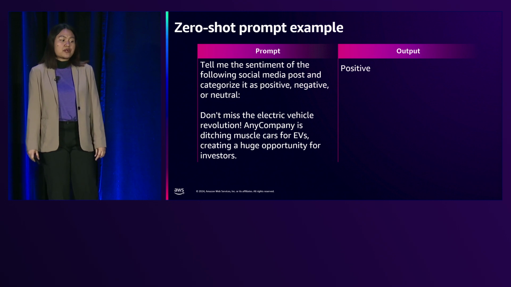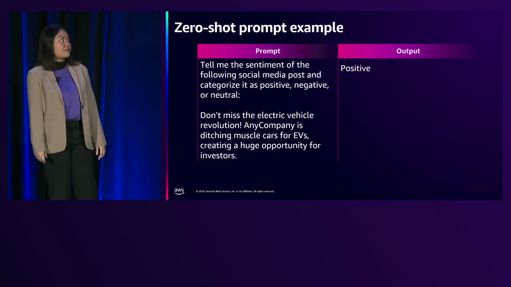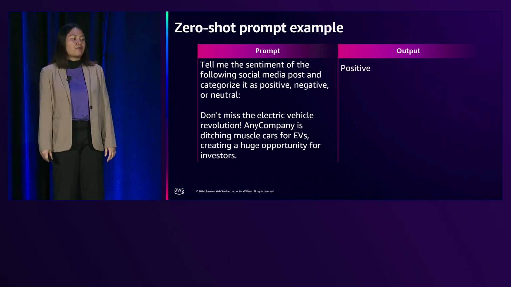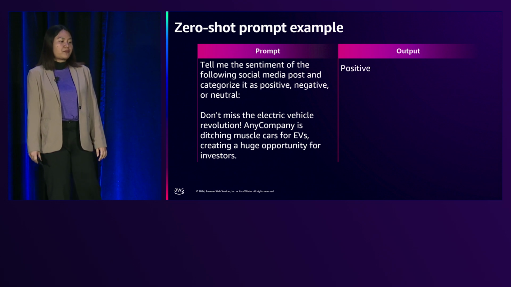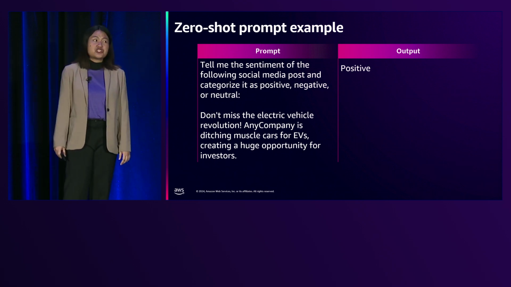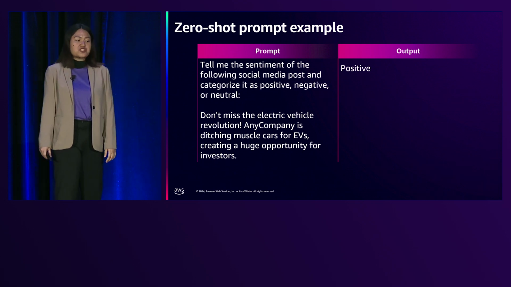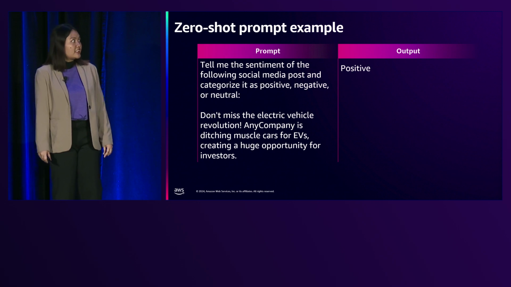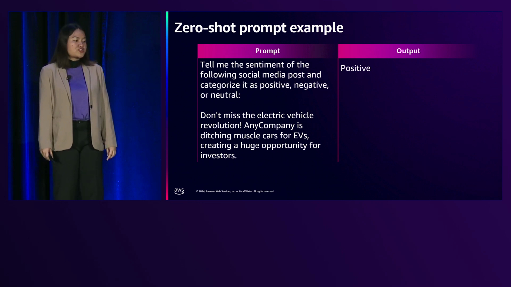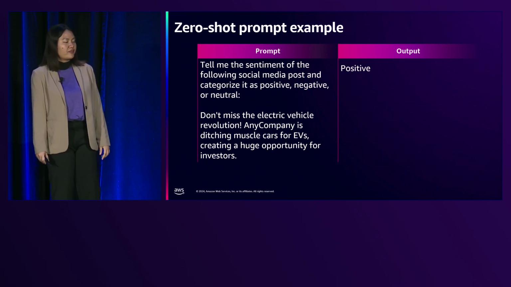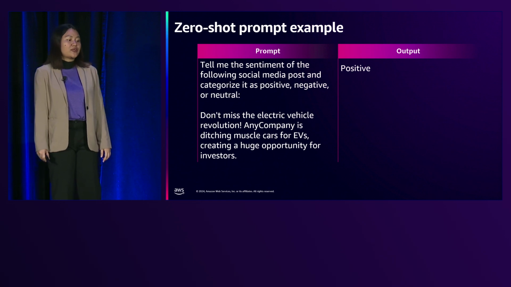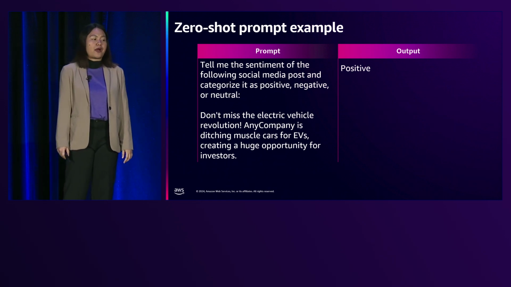And with the zero-shot prompt example, you don't provide any output. The foundational model or the large language model can still understand what question you're trying to ask, and it will provide you with the output.